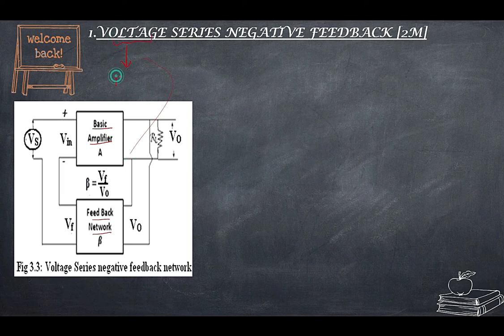Voltage means I need to connect always the output with parallel connection, because in parallel voltage remains the same. So as I said, the first part is with respect to output. This is the output. Output should be parallelly connected to the feedback network.